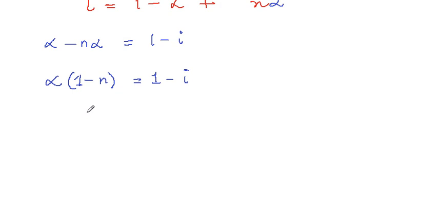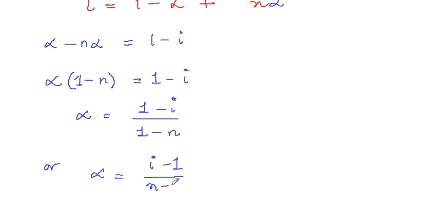So alpha would be equal to (1 minus i) over (1 minus n), or we could have also written it like this: alpha equals (i minus 1) over (n minus 1).